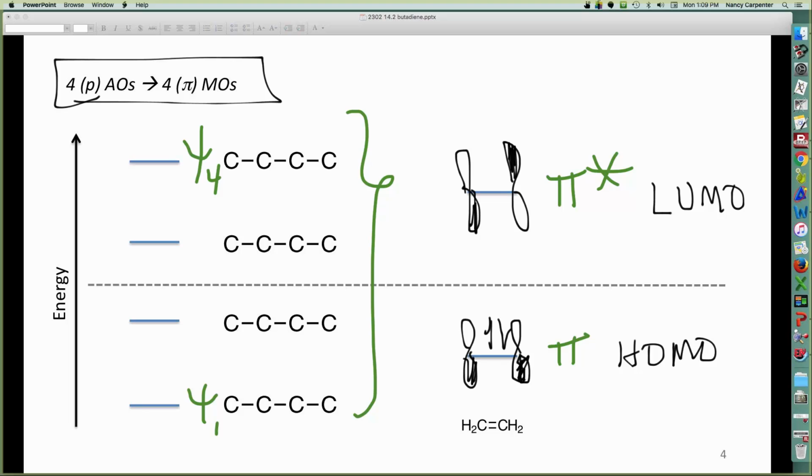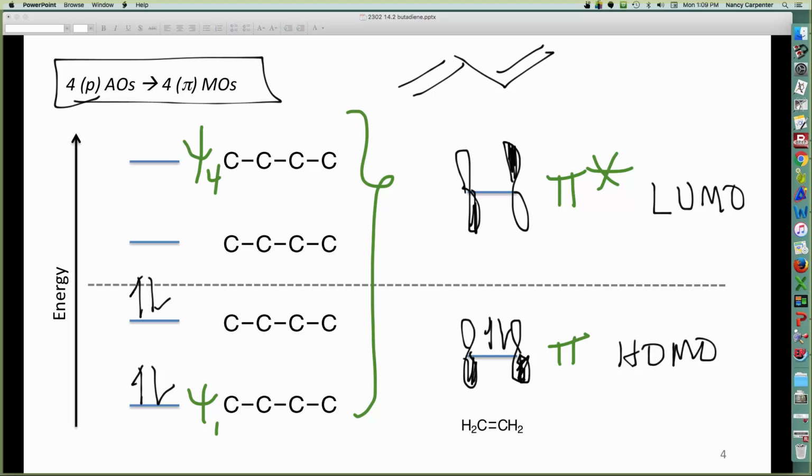Well, what about butadiene? How many pi electrons does butadiene have? Looks to me like butadiene has 4 pi system electrons. Therefore, what we're looking at is this kind of energy diagram, molecular orbital diagram with the electrons being filled into the lower energy molecular orbitals first.